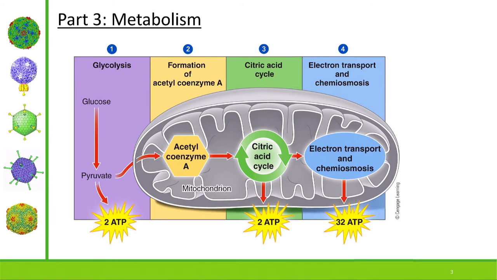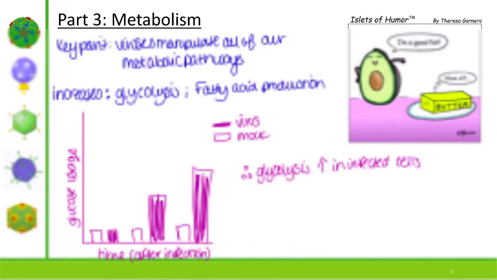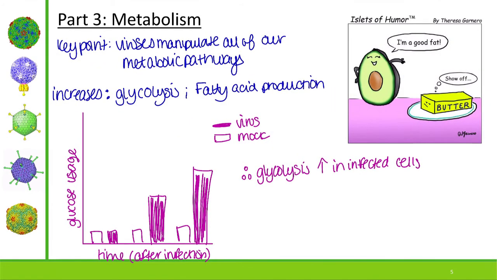Well, it turns out that acetyl-CoA can be used to make fatty acids. So some viruses will therefore increase the production of acetyl-CoA, but they will stop the citric acid cycle so that they can siphon off that acetyl-CoA to be made into fatty acids.